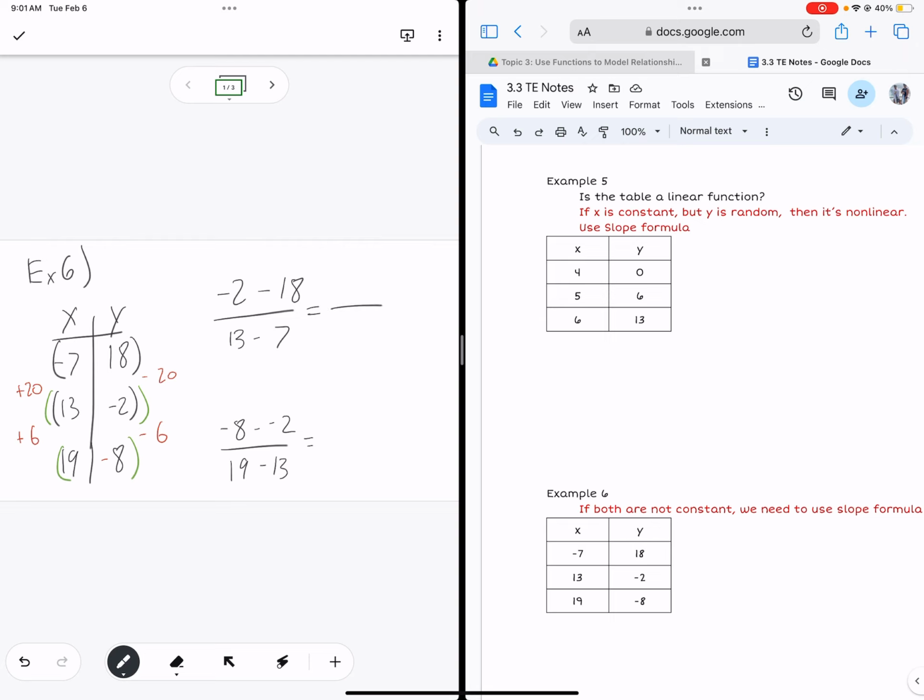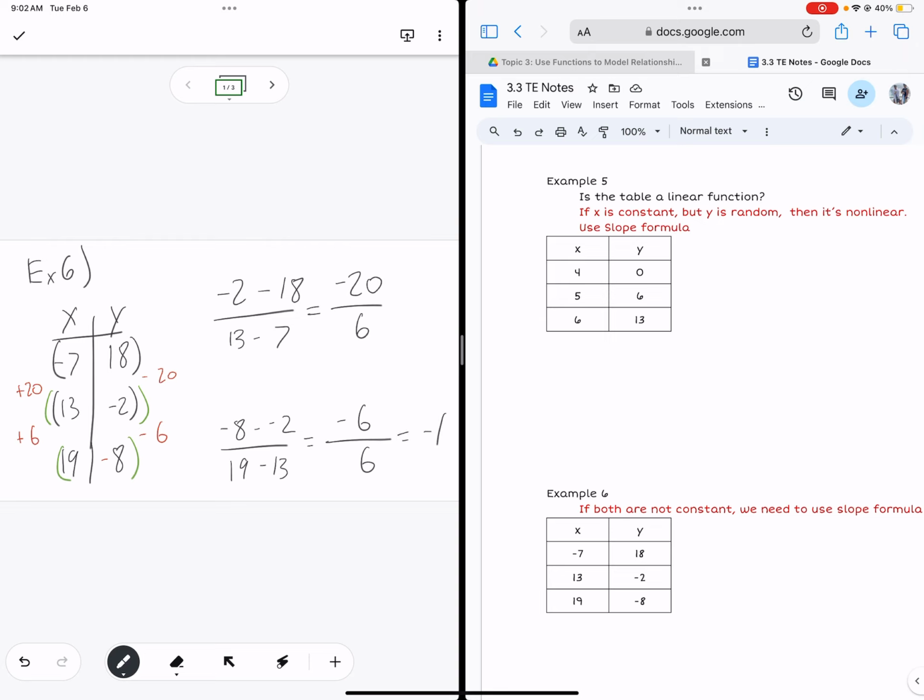So -2 minus 18 is -20. 13 minus 7 is 6. On the bottom, -8 minus -2 is technically -8 plus 2, which is -6. 19 minus 13 is 6, positive.